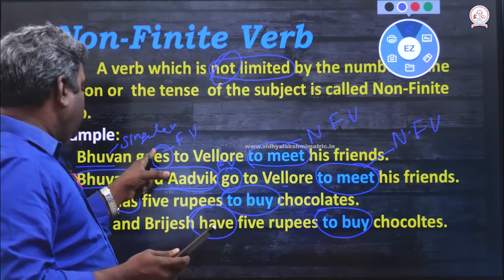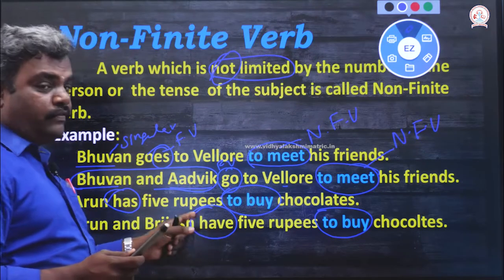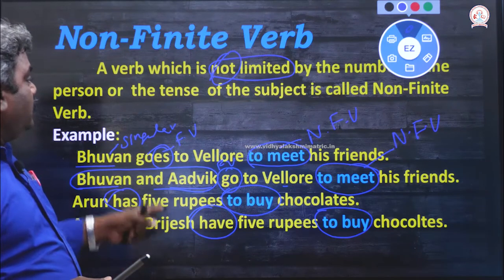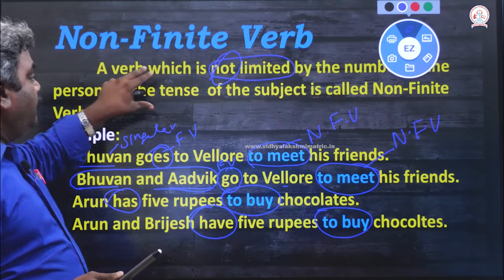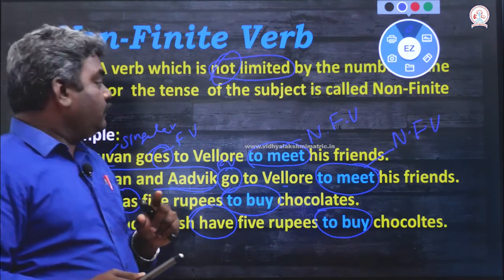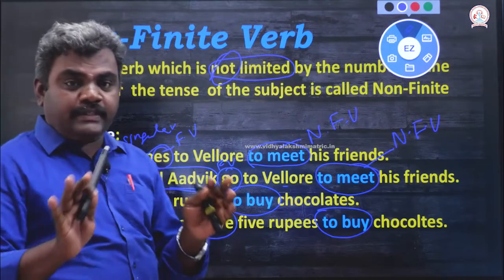But the finite verb changes. Singular means singular verb, plural means plural verb. That's all. First, you must know that a non-finite verb is a verb which is not limited by the number. Next, look at this: there will be no change in its form.